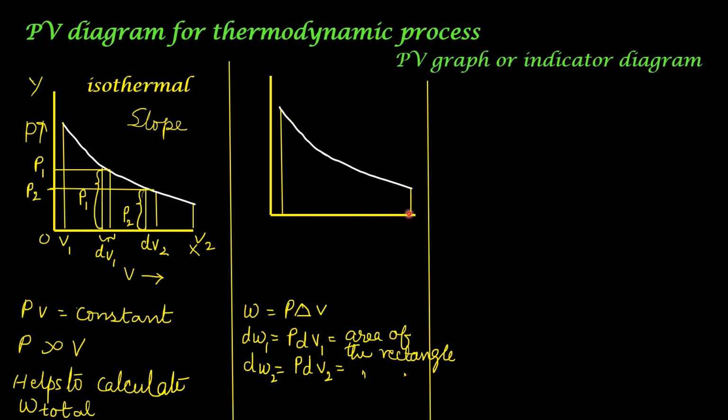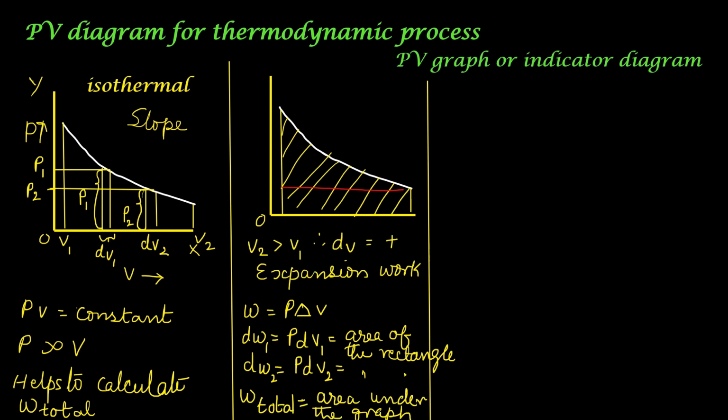Anyway, the area should be split into several regular shapes like rectangles, squares, triangles, etc. And then the area of those pieces can be calculated and then added. I have noted a point there. Work total is equal to area under the graph. This is true for any type of thermodynamic process.